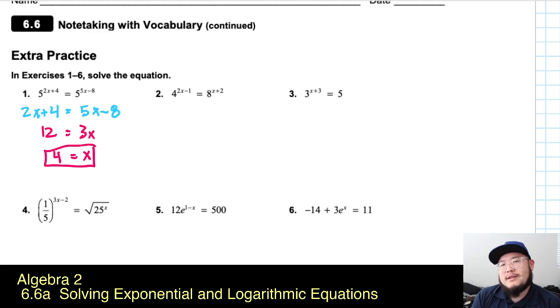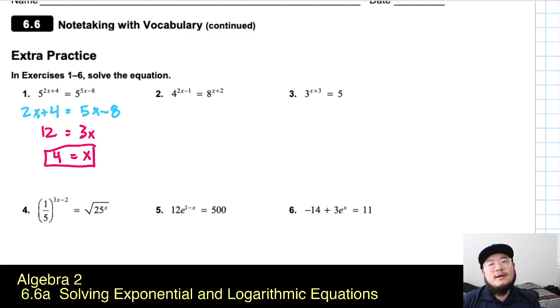Okay, but the thing here is we're not always going to have the same base, as you can see in number 2. So this is where the fun begins. How can I get the bases to be the same right here? How could I get 4 and 8 to be the same?